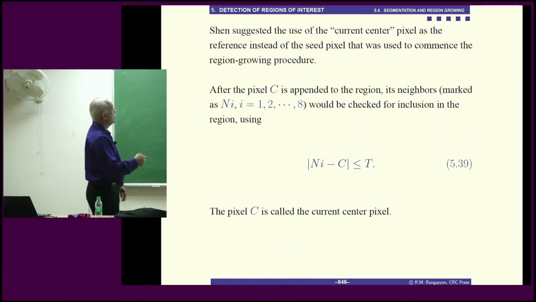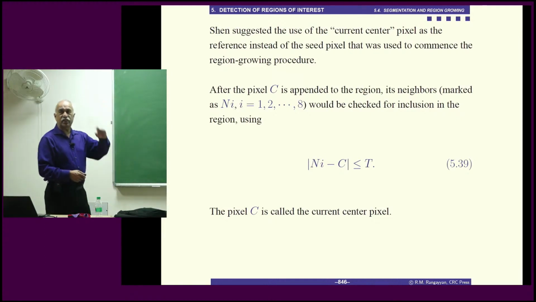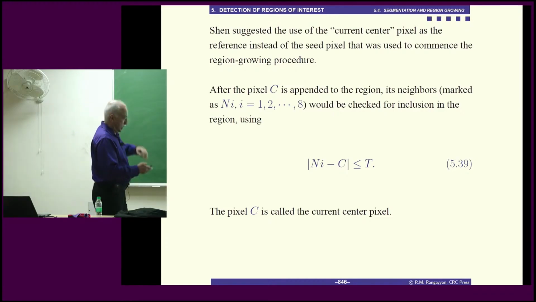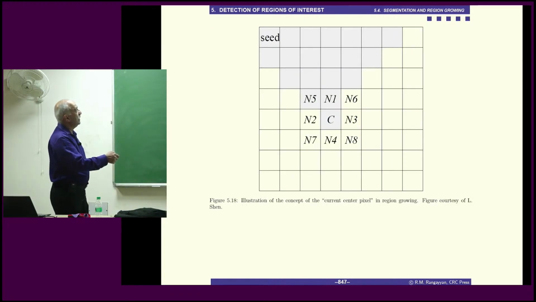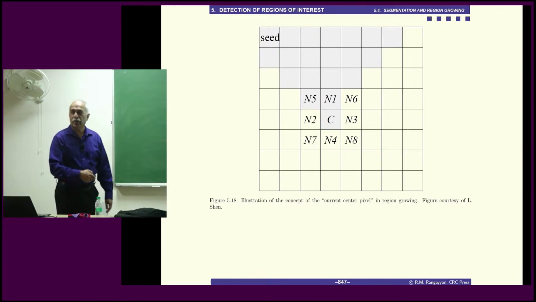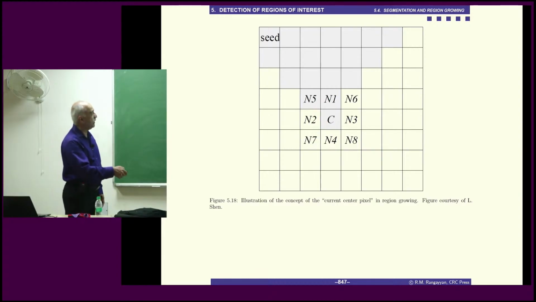So then he also suggested the use of the current center pixel as the reference instead of the seed pixel. I think I have a picture here. Yeah. So that is a seed, and the shaded pixels are pixels included in the region, the others are not in the region. So suppose you are doing that and you are coming here and you are checking these neighbors for inclusion in the region.